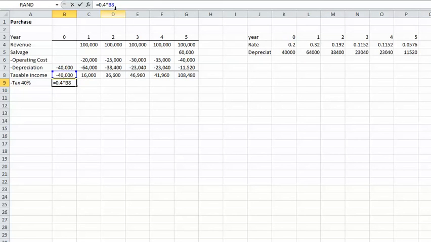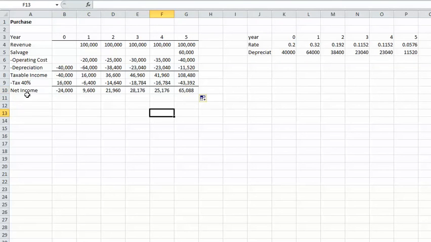I have to consider a negative sign here too. And the net income, which is the summation over these, or we deduct the tax from taxable income. Because I entered the tax with the negative sign, we are just going to make a summation.